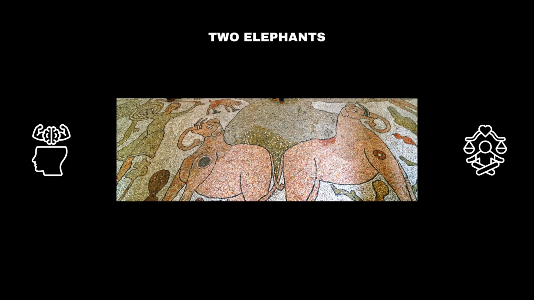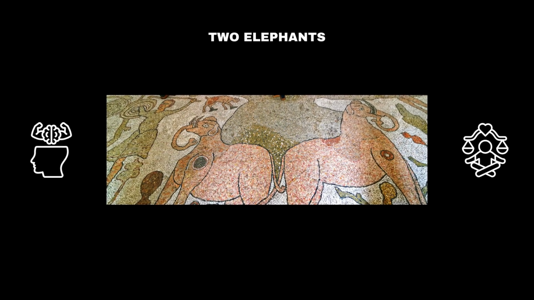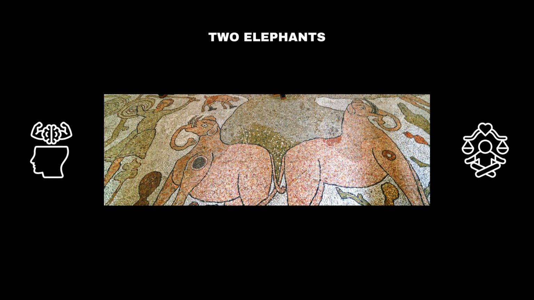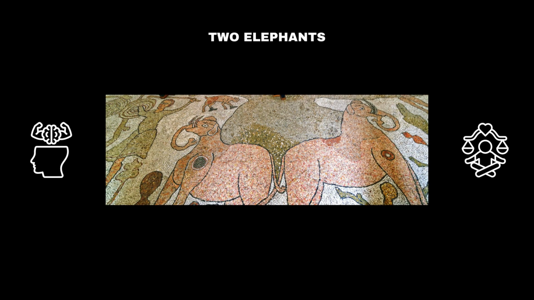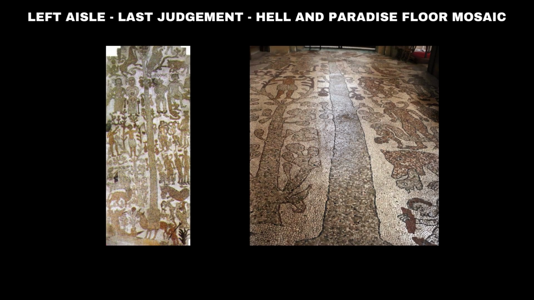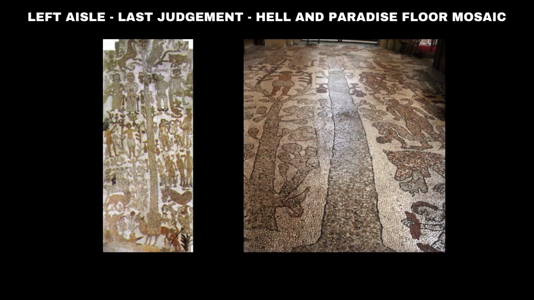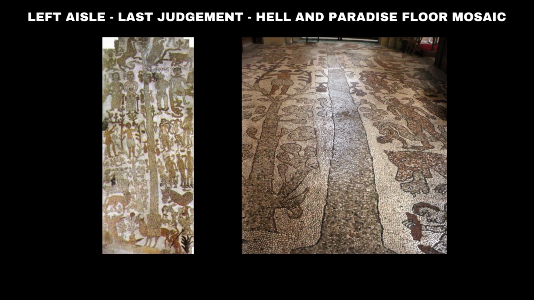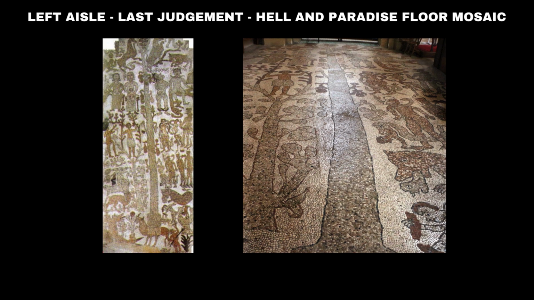Finally, on the Tree of Life floor mosaic, there is a depiction of the trunk of the tree, resting on two elephants, serving as the foundation of the tree, representing strength and stability. On the left aisle, there is a representation of the Last Judgment through the use of figurations of hell and paradise.